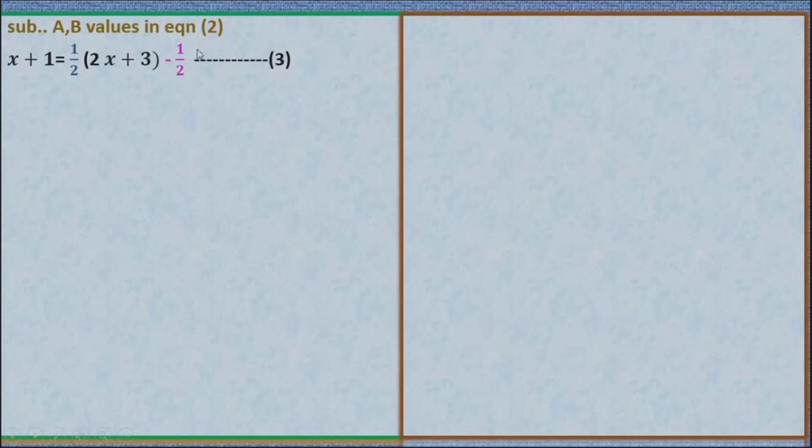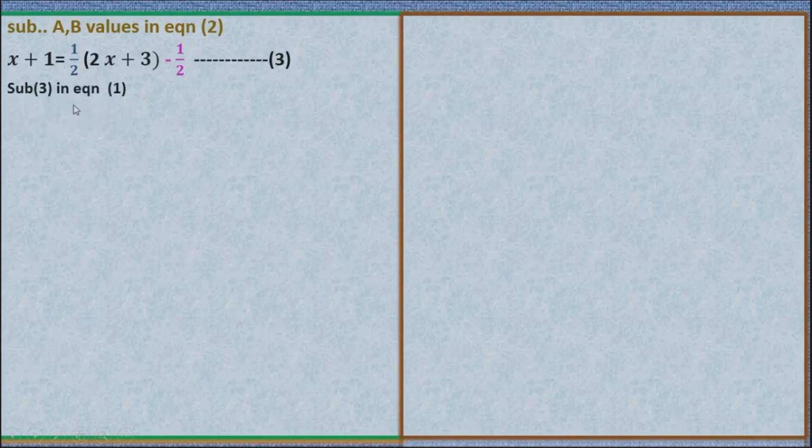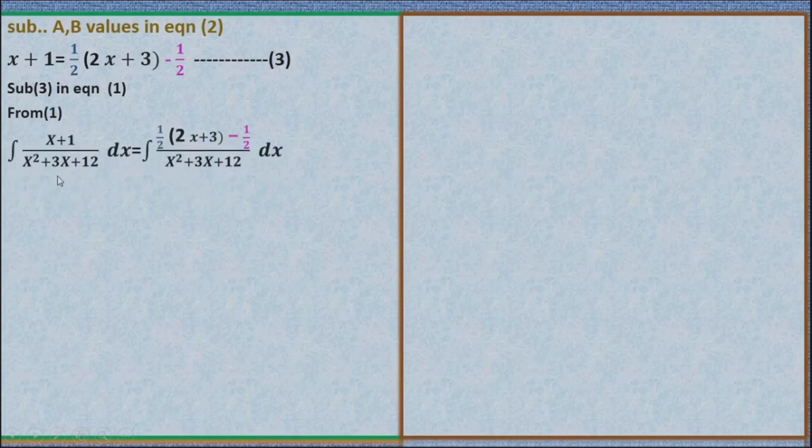Now I am taking this equation as 3. Now substitute this third equation in equation 1. From 1, I am taking the problem integration of x plus 1 by x square plus 3x plus 12 into dx. So on the numerator, what is the numerator value? x plus 1 is equal to 1 by 2 into 2x plus 3 minus 1 by 2.